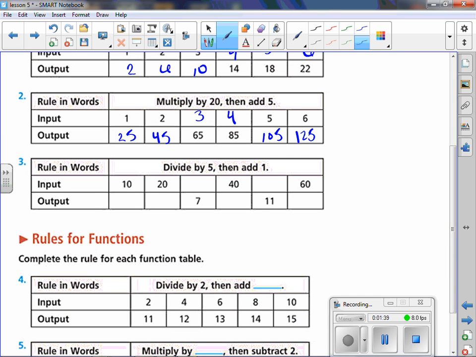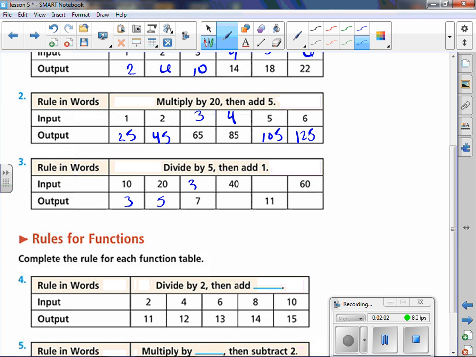We're going to divide by 5, and then we're going to add 1. So 10 divided by 5, right, is 2, plus 1 is 3. 20 divided by 5 is 4, plus 1 is 5. 7, right, going backwards, multiply by 5. Okay, 7 minus 1 actually is 6.